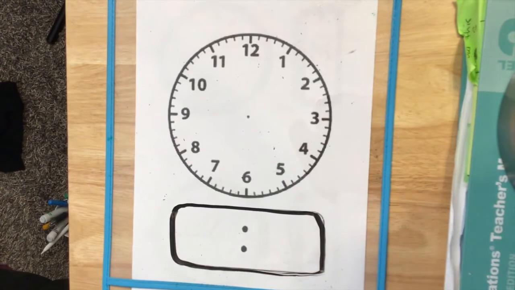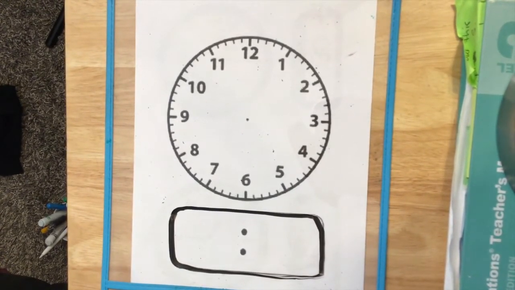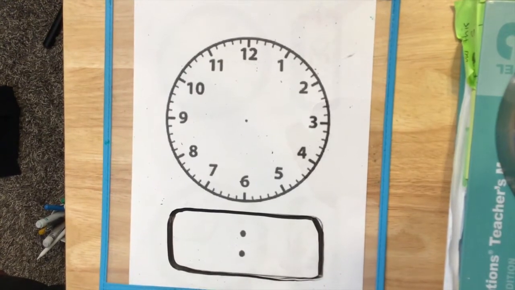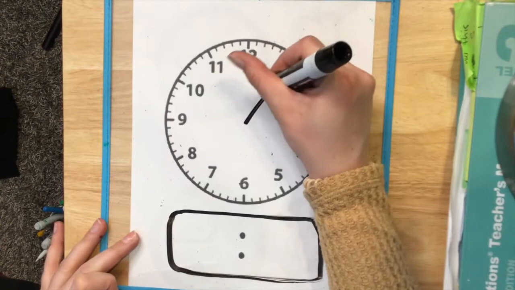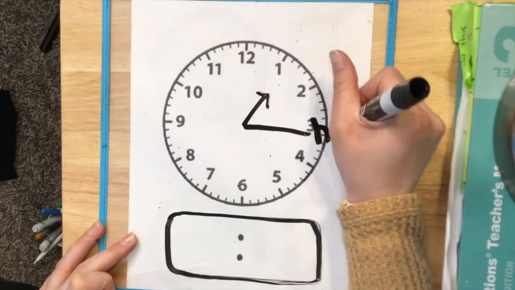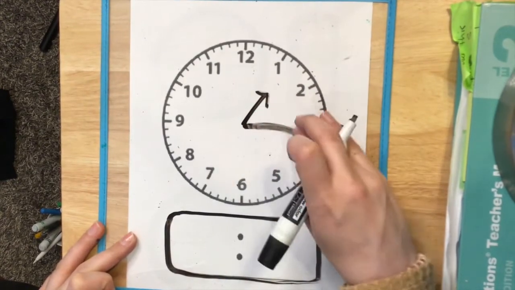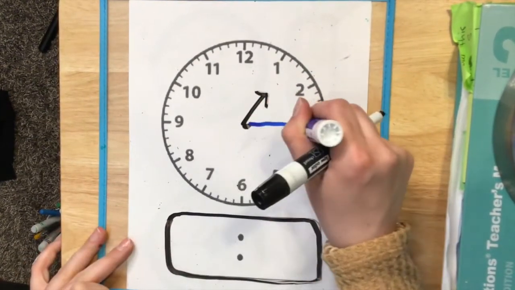We're going to talk about the different ways to read those two clocks. So first I wanted to introduce the minute hand and the hour hand. So the hour hand on the clock is actually the smaller hand. So the shortest hand is the hour hand. So this is the short hand, and this will tell us the hour. Let me do that in blue so that we can really see it. So the hour hand is the shorter hand on the clock.